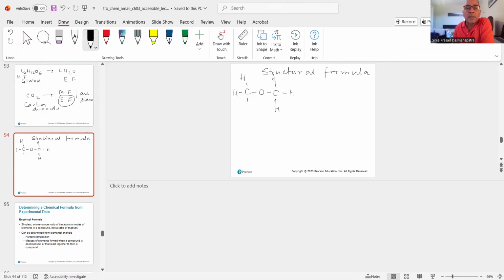This one compound is made up of carbon, hydrogen, and oxygen.